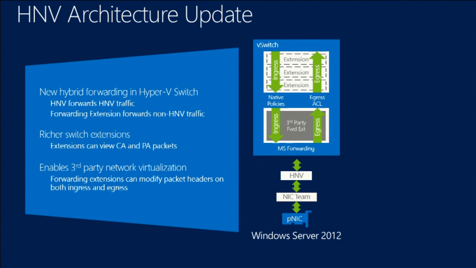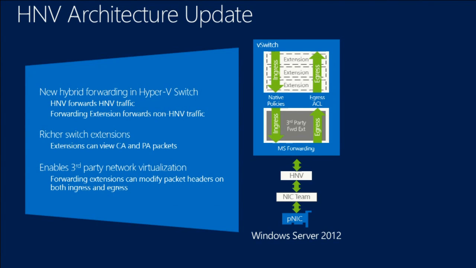Now, because of this architecture, the problem is if we have a third-party extension, for example, NEC OpenFlow, Cisco 1000V, because they are part of the Hyper-V switch, they don't get to see the physical address here.